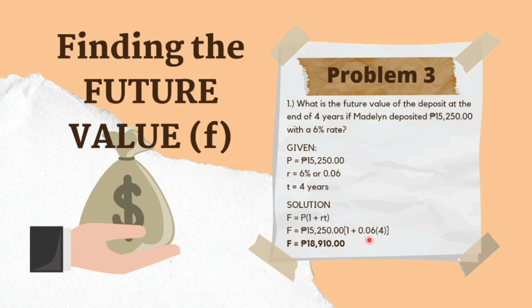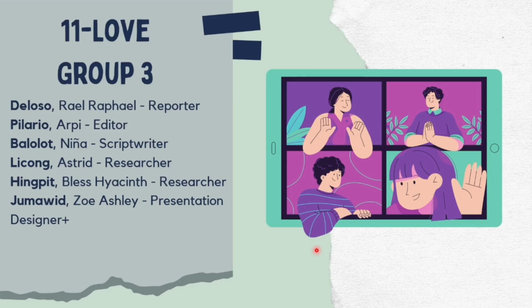So remember to calculate it like this. Don't forget the parenthesis, so that you will have the correct answer. So once you do that and calculate it and solve it, you will get an answer of 18,910. Don't forget the peso sign. So the future value of the deposit is 18,910 pesos.